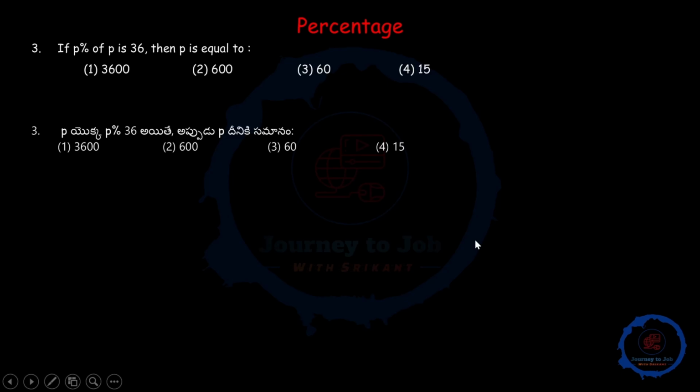Question number 3, if p% of p is 36, then p is equal to what, he is asking. So basically this is solved directly. P%, we know that percentage means simply multiply with 1/100, and 1/100 of p into p is equal to 36. So p square is equal to 36 into 100.